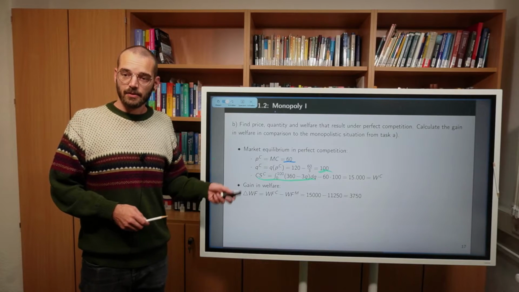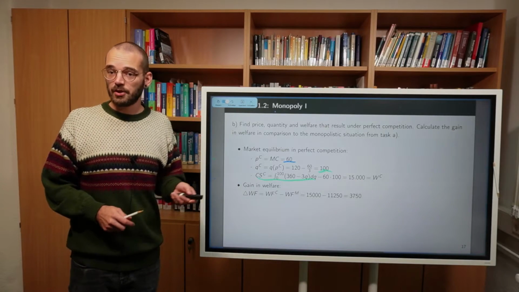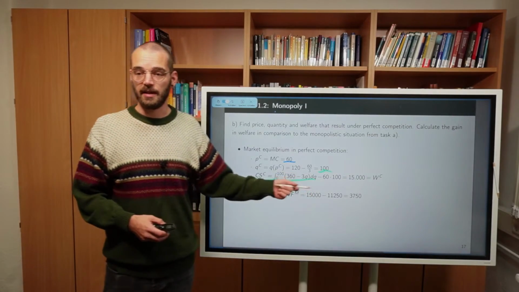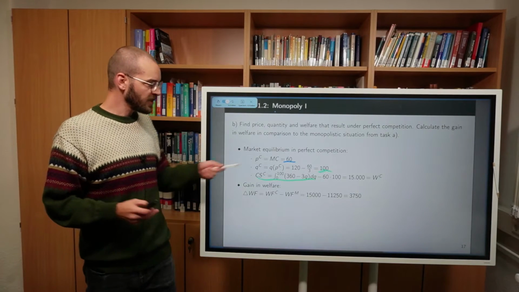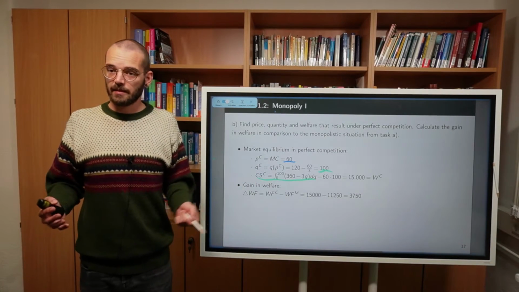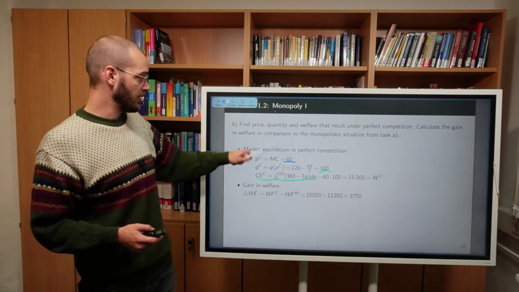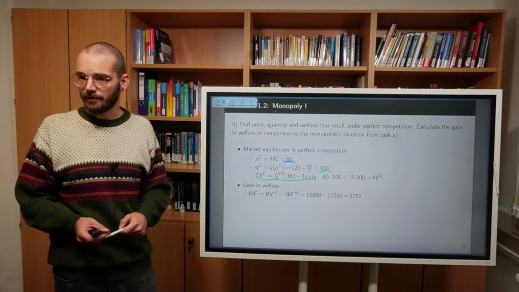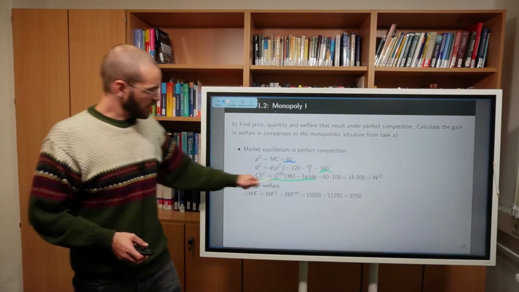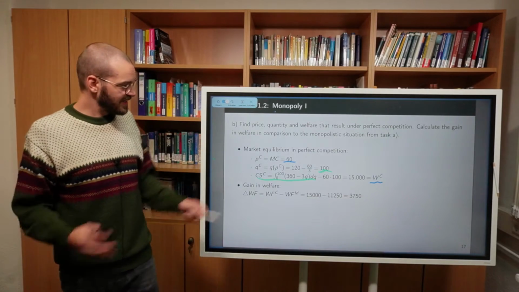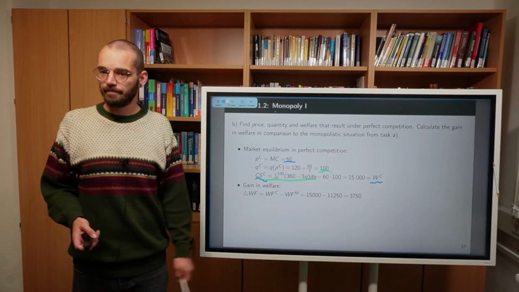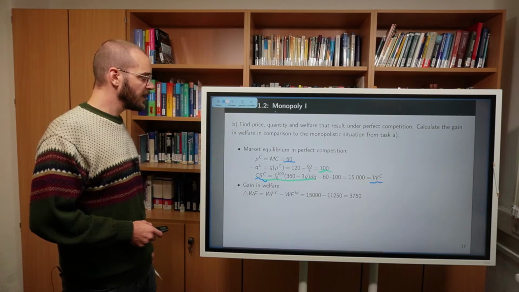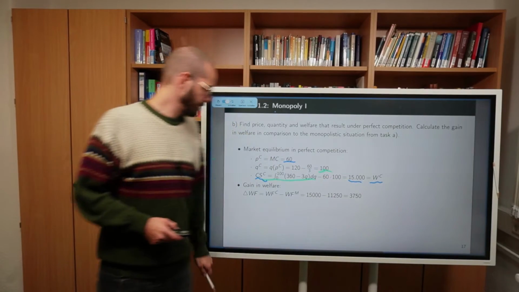Knowing that this situation is perfect competition, we already know that profits are equal to zero, simply because price equals marginal costs, and in this situation, price equals average cost as well, right? So profits of all firms are zero. So the total welfare simply is exactly the same as the consumer surplus in a world where profits are zero. So total welfare in this situation results as 15,000.